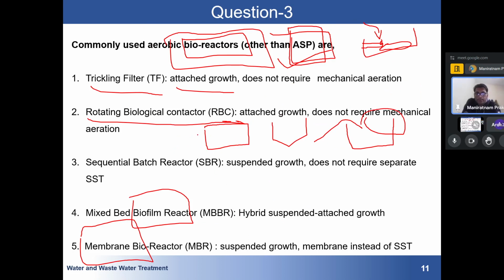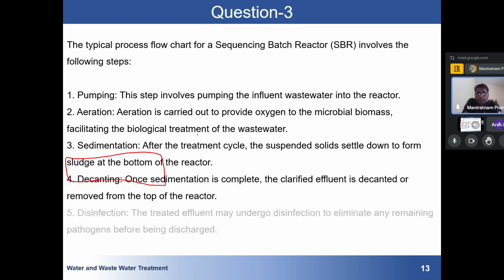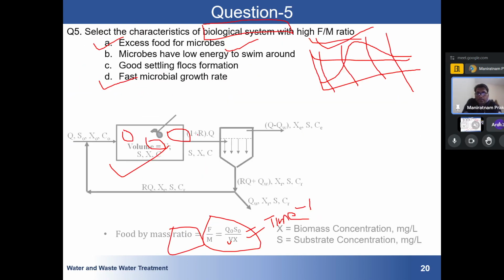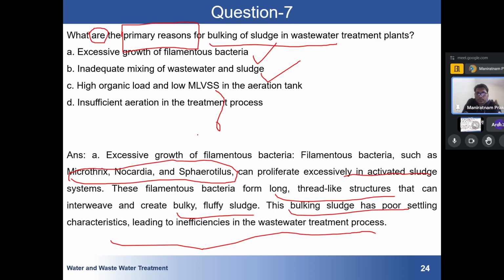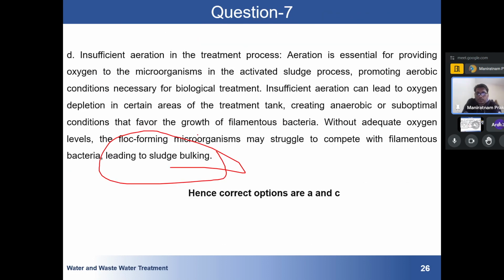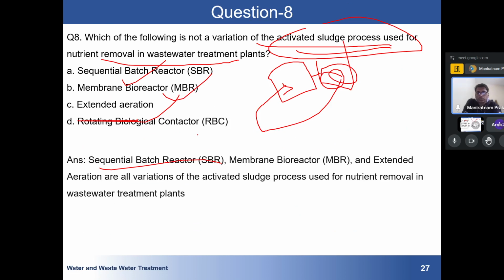What are different types of bioreactor? So sequence. No, C is not the correct answer. Extended aeration is not.